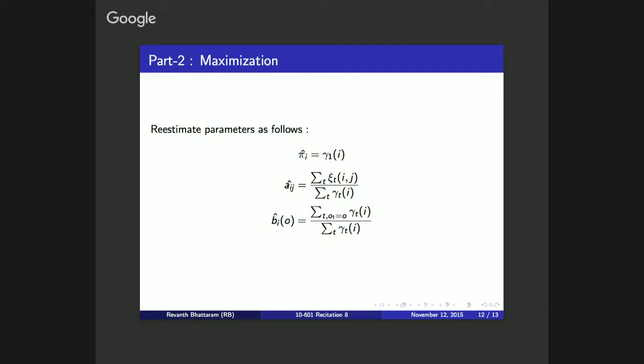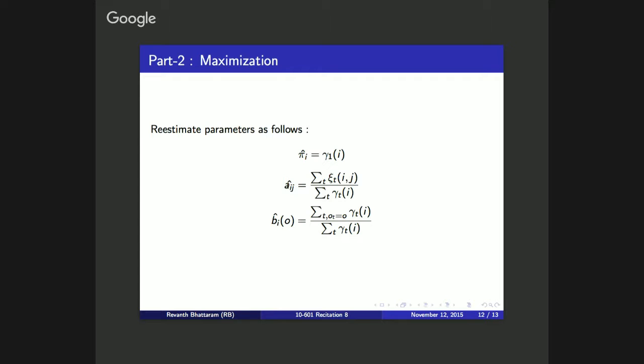What's this? If we can just write this out, aij is essentially what? That qt plus 1 equals j, given qt equals I, right? So this one over here, if you sum up over all t, we're essentially summing up this probability over all t.